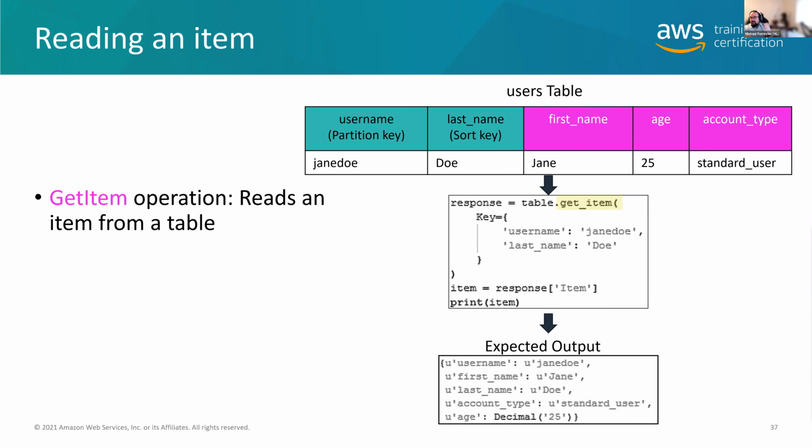You need to specify the table, the key, and any projection expressions, so you can say what attributes you want to retrieve from the table that match this particular key. You can set the read consistency. If consistent read is set to true, it's going to use strongly consistent reads, but by default it's going to use eventually consistent reads.